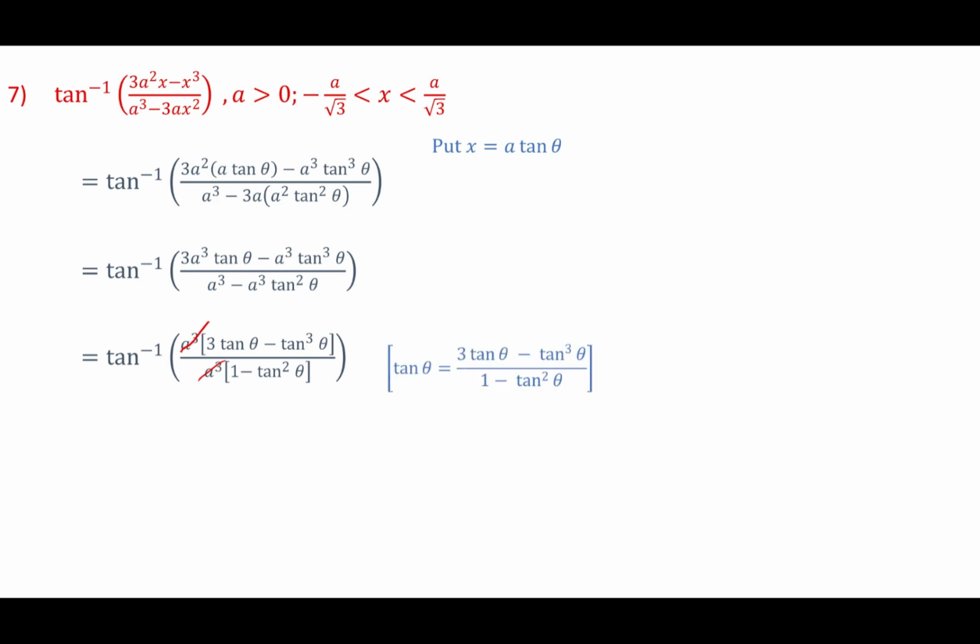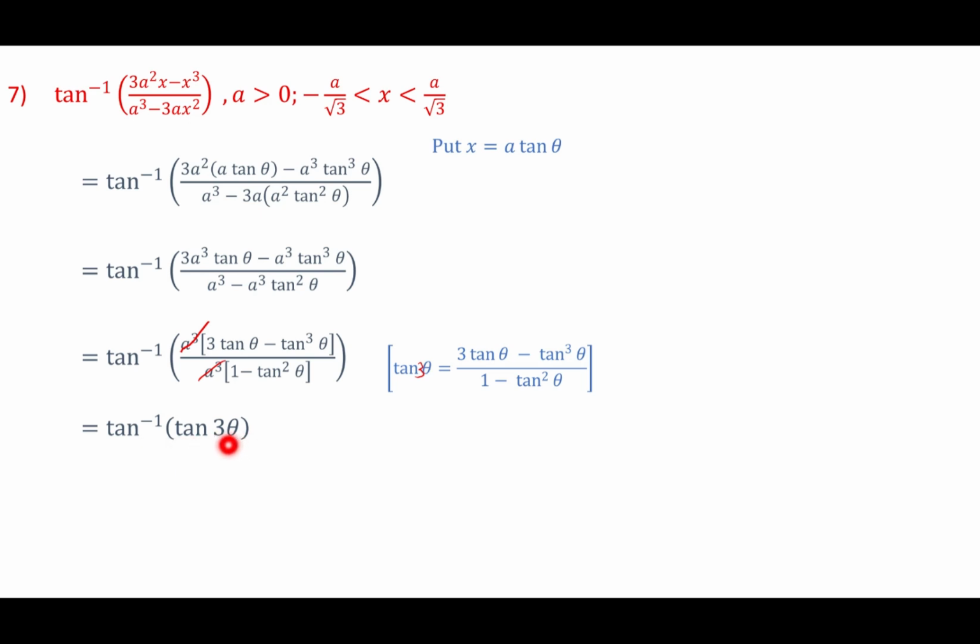And we know that tan 3 theta is equal to 3 tan theta minus tan cube theta over 1 minus 3 tan square theta. This is the formula of tan 3 theta. Now I can cross out tan inverse and tan.